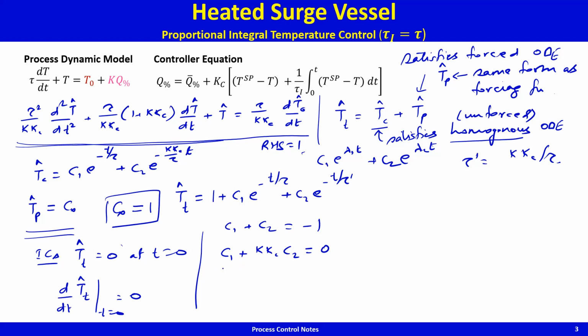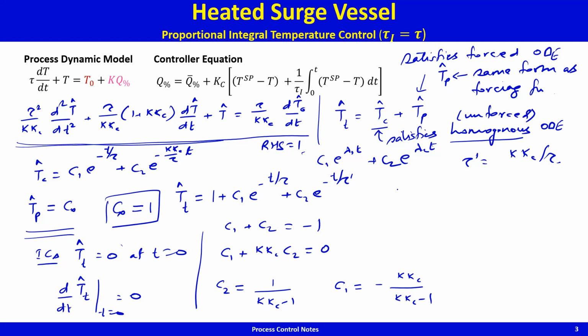if you subtract these two equations, you get c2 is equal to 1 over kc minus 1, and c1 will be minus kc over kc minus 1. Just confirm, c1 plus c2 should be giving minus 1, yeah, so this is fine.